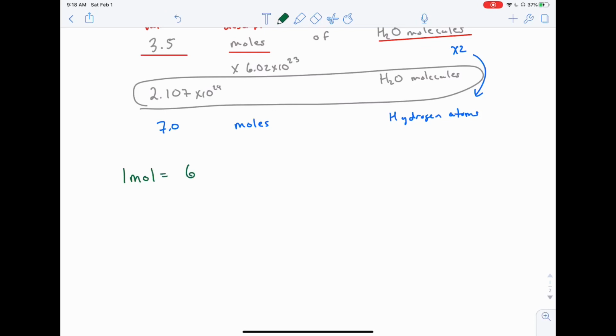Like we said, 1 mole is 6.02 times 10 to the 23rd particles, whatever that might be. We also assume that 1 mole is equal to the molar mass in grams of a substance. That is also a true statement.